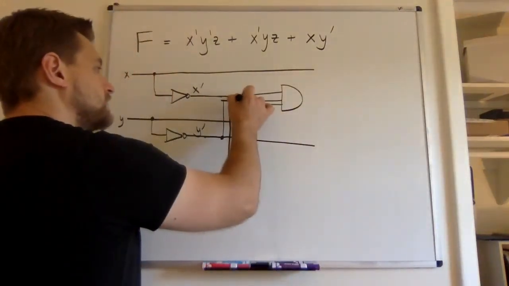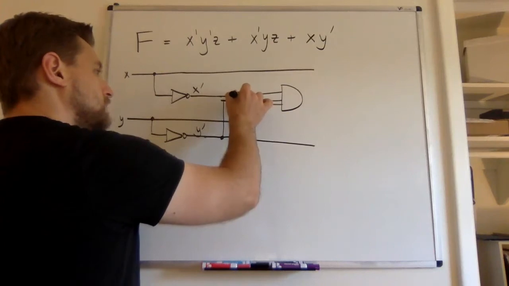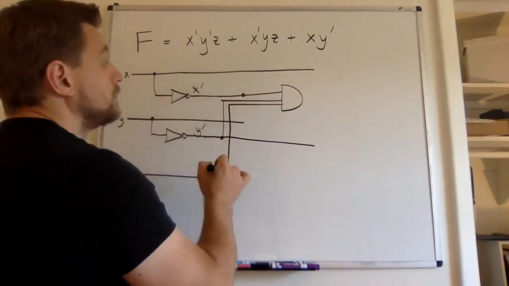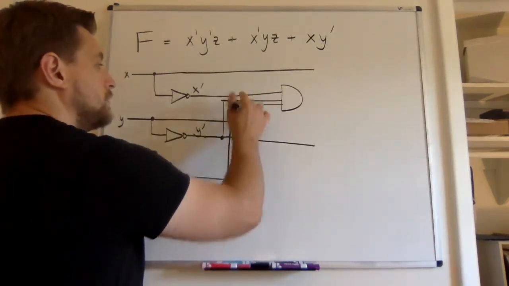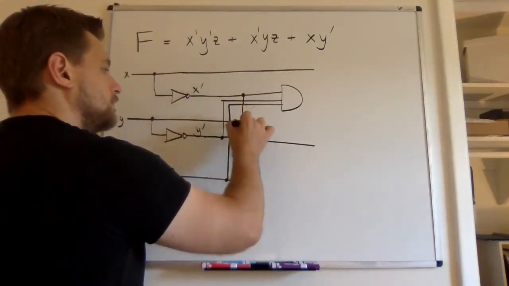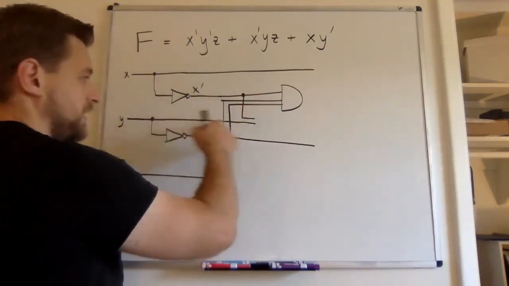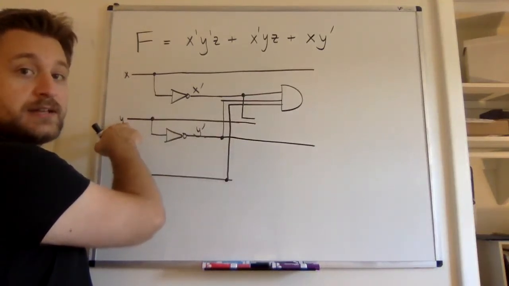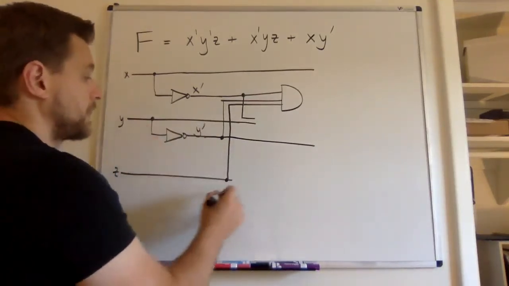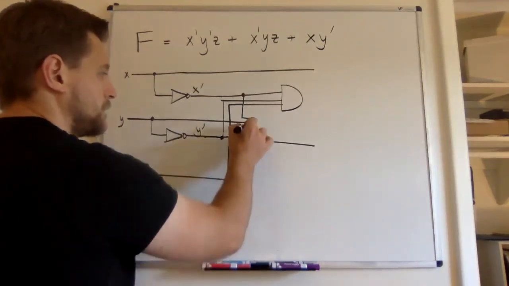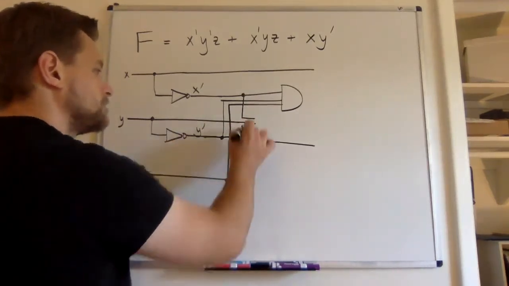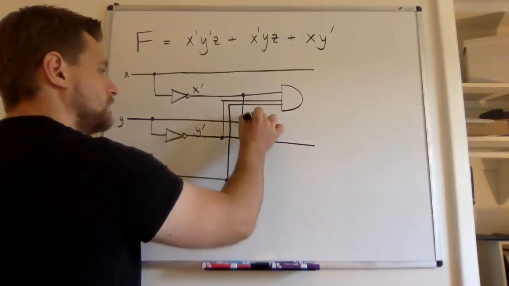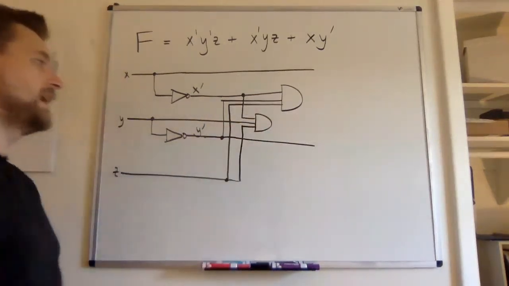Not x. Y. This line comes from the unnegated, uncomplemented input y. Z. And we can AND those together.